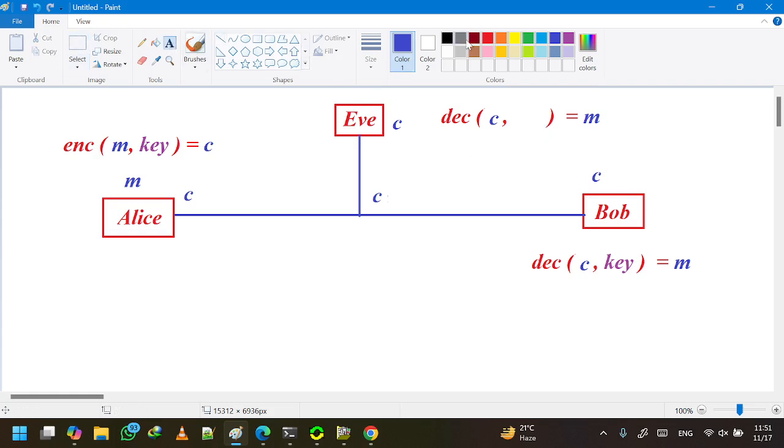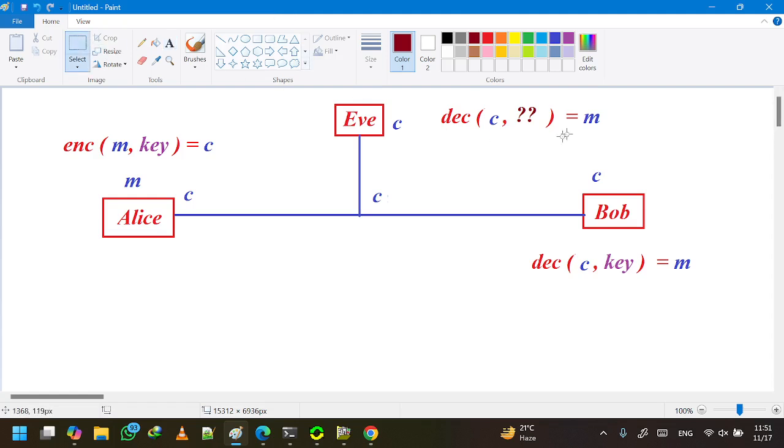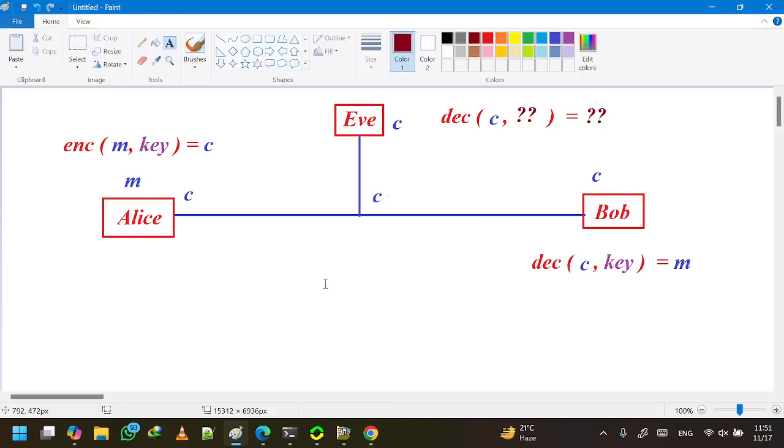As long as Kirchhoff's principle is true, that means the secret key remains secret, the message confidentiality will also remain. So Evil Eve will not be able to decrypt the message. This is a basic encryption and decryption operation.